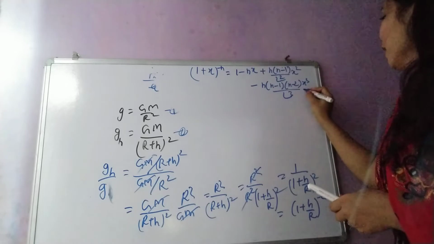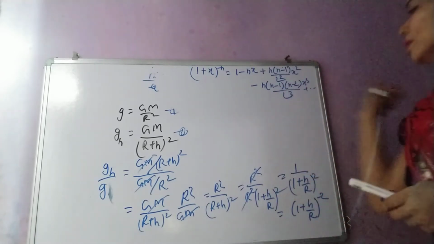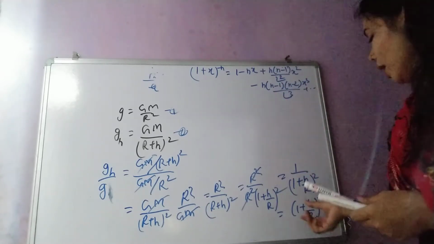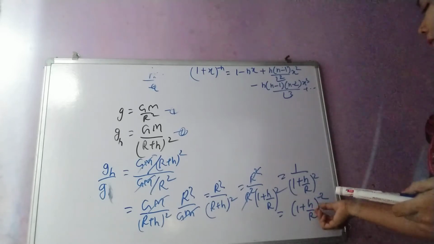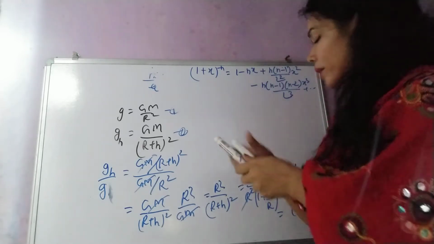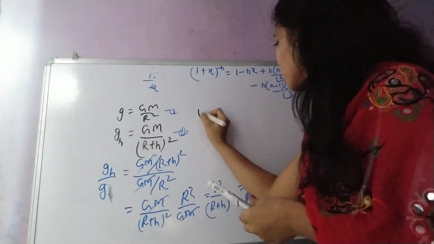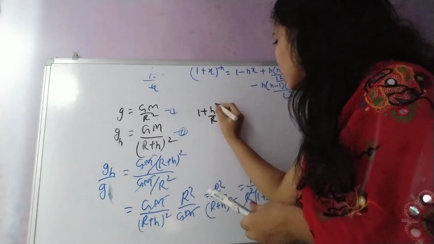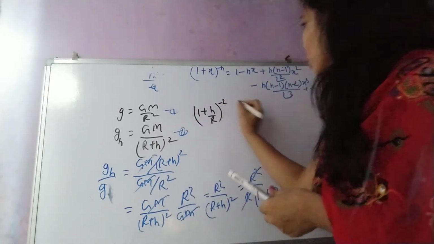This is the formula. Now I will try to find the value of 1 plus h upon R to the power minus 2. Now look at the expression.